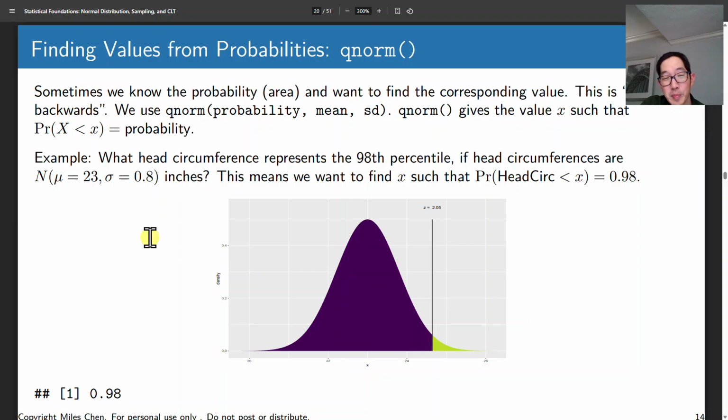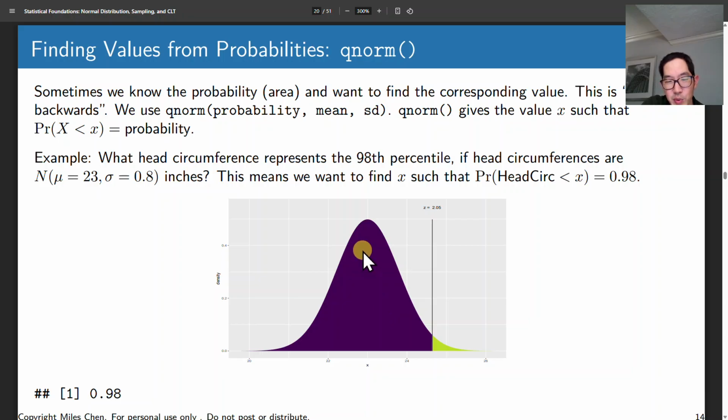Sometimes we want to work backwards, okay? So in this case, we can say, I want to find the 98th percentile. I want to find what this measurement is so that the area to the left is equal to 98%.